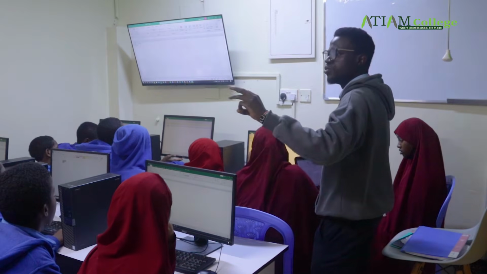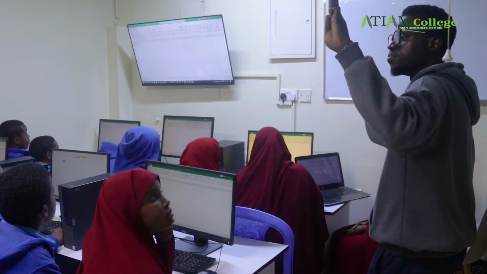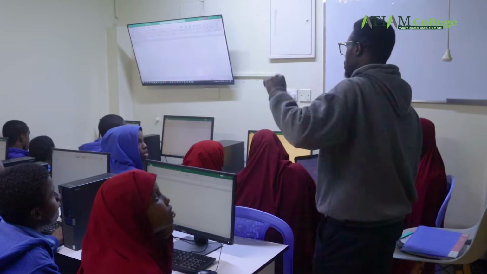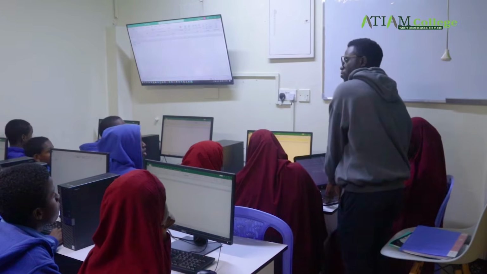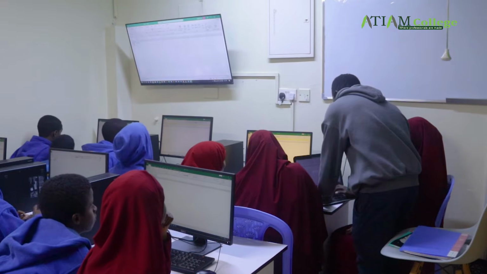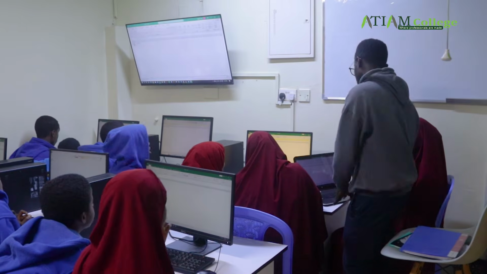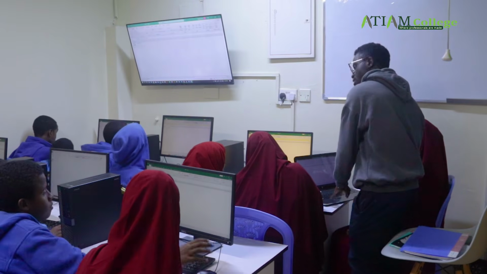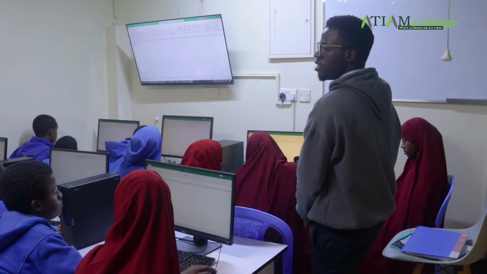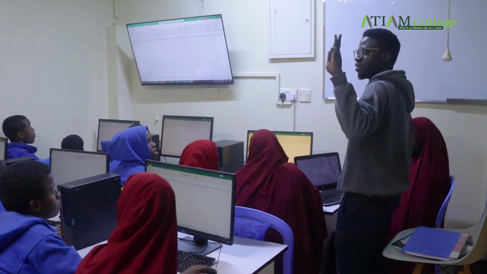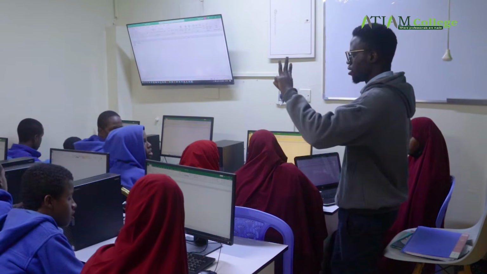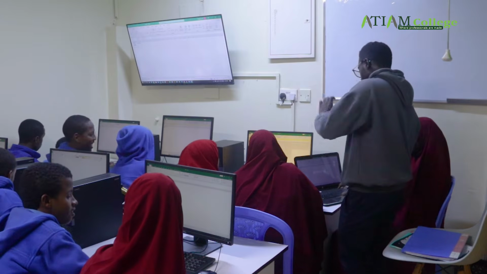Now, I want us to use 2 to 3 names. You can use any name of your choice. An example, I can use Ainab as my first name. I want you to have 3 students on the name column.